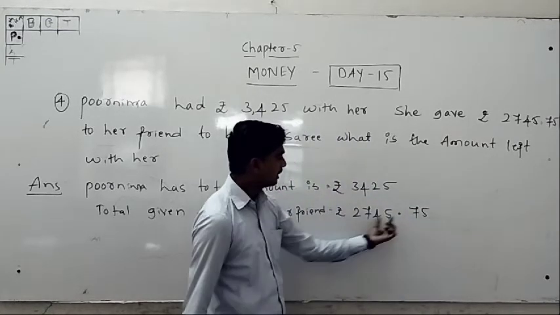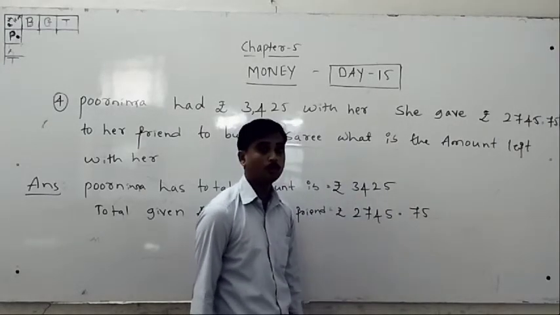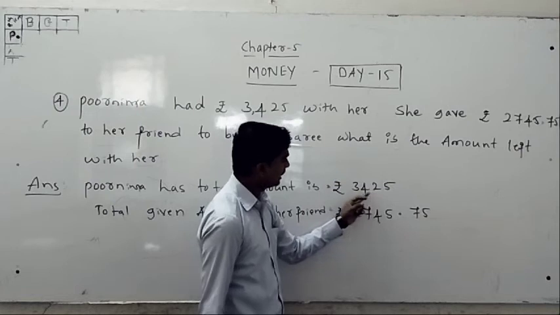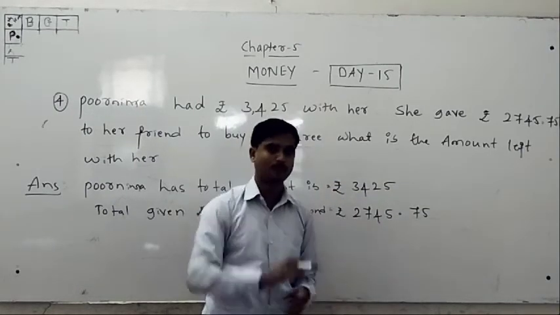Sir, here the paise are given but not there, sir. How to solve? Here 3,425 rupees is given, it is a round figure only.